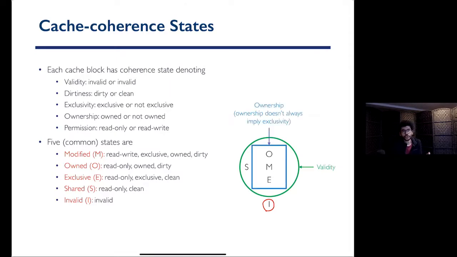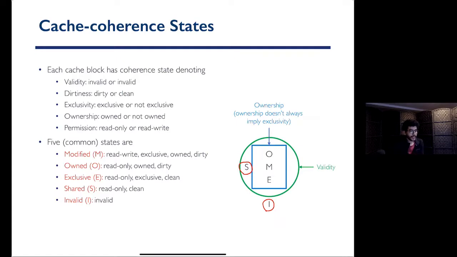Then it's ownership. Now, if you have a memory and you have exclusive access to it, you have it in modified, or you have it in O state, then this indicates ownership. But if you have it in shared, if the state is shared, then you don't own that memory.